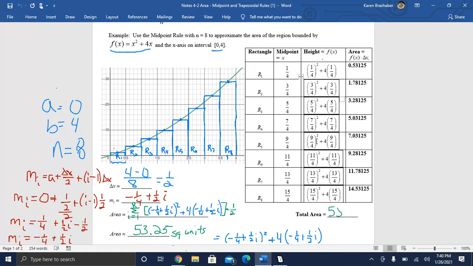And if you would double check, you would get the exact same thing by doing this calculation using the numerical table. So 53.25 square units. So once again, this is calculating the area under the curve using a midpoint estimation or a midpoint approximation.